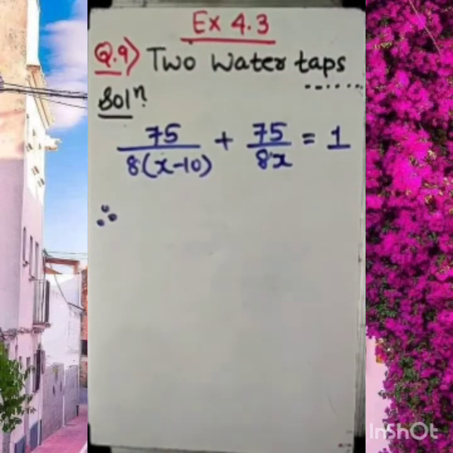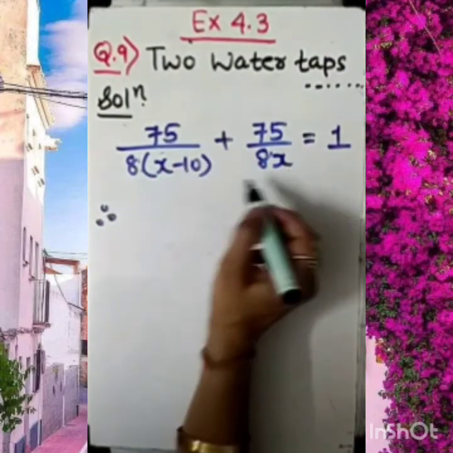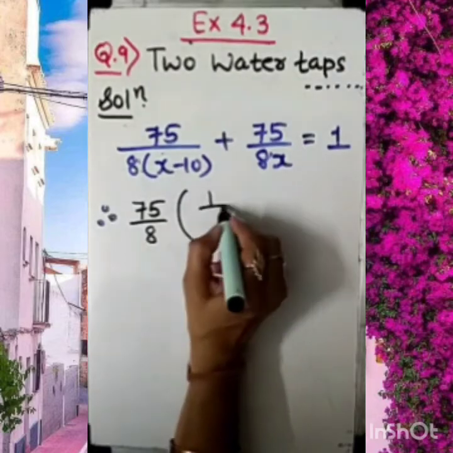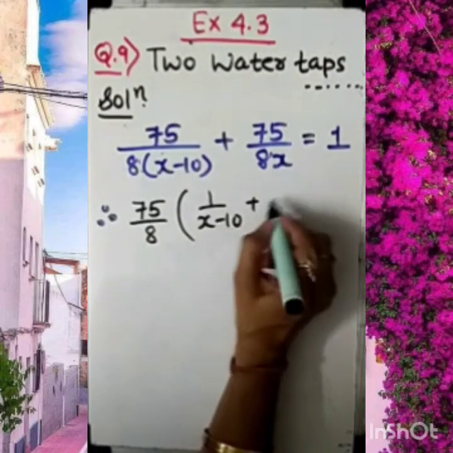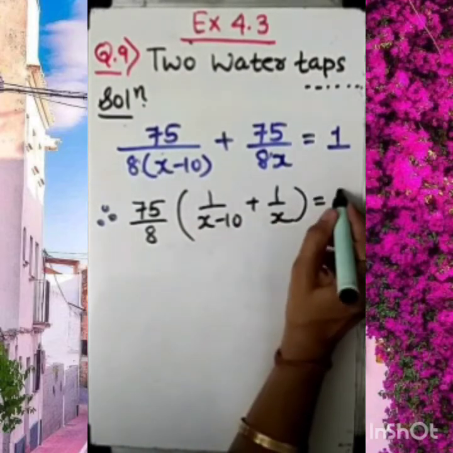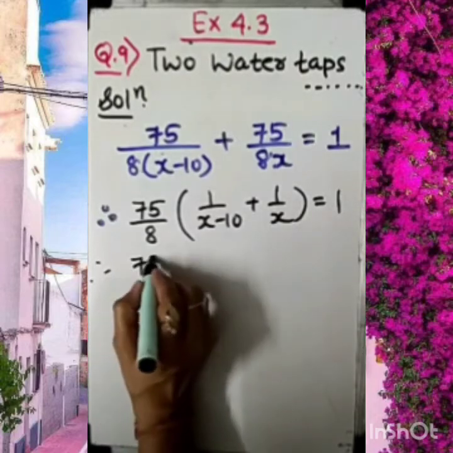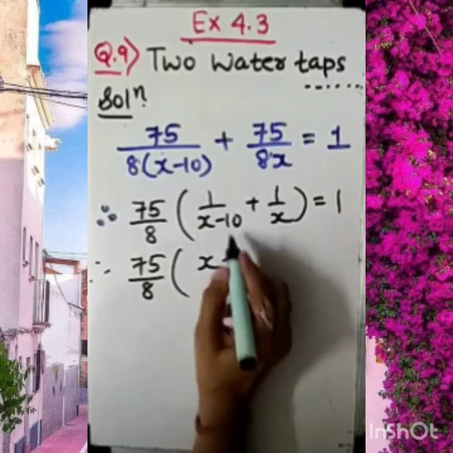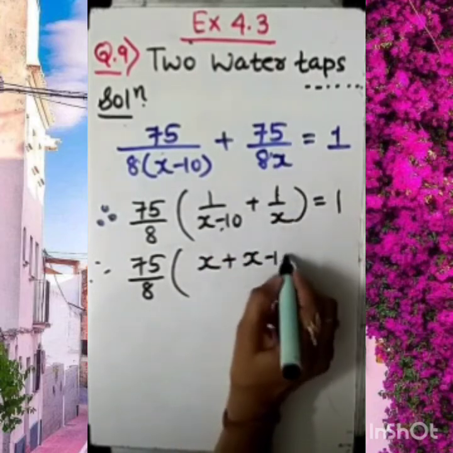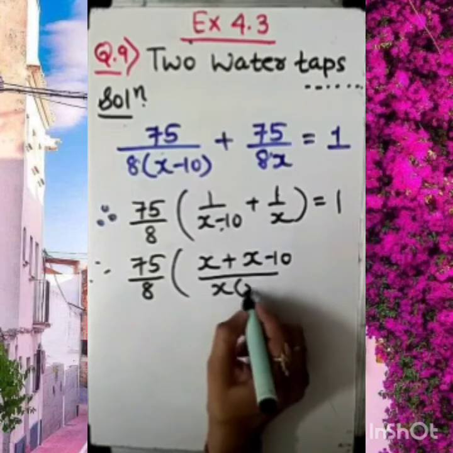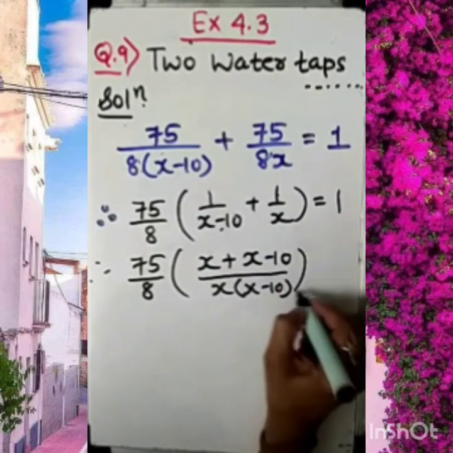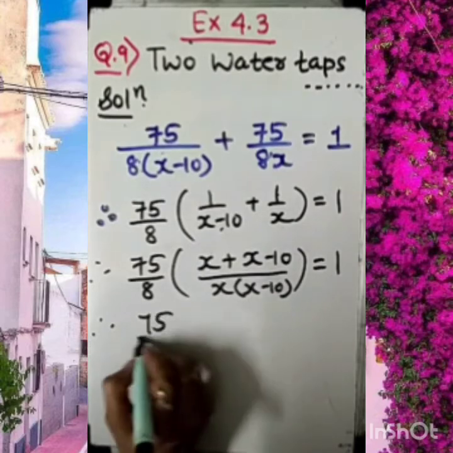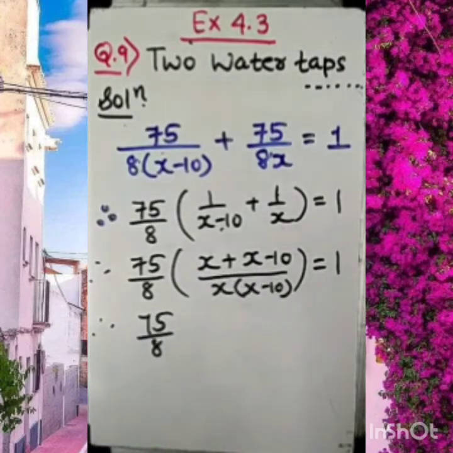You can see it is available in both of these terms. So for ease, here 1 upon x minus 10, and 1 upon x will be left, that is equal to 1. Let's take the LCM in the bracket. LCM is x into x minus 10, that is equal to 1. x plus x, you know very well, x plus x is 8.